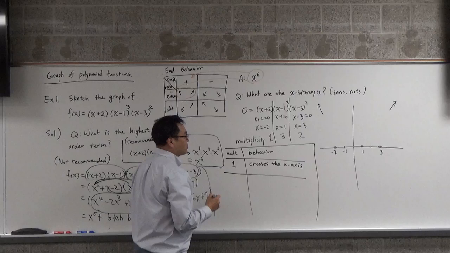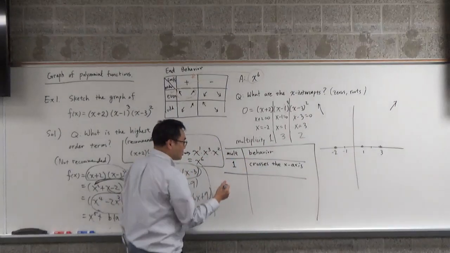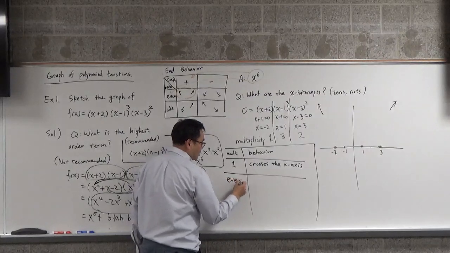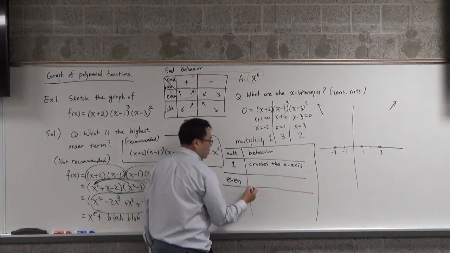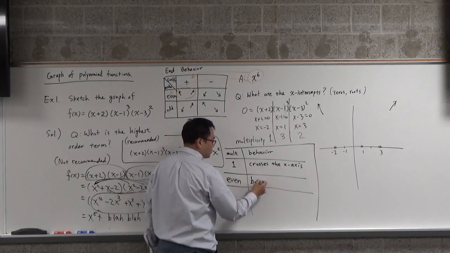Now, if the multiplicity is 2 or 4 or 6 or any even number, then when it hits the x-axis, it bounces back.